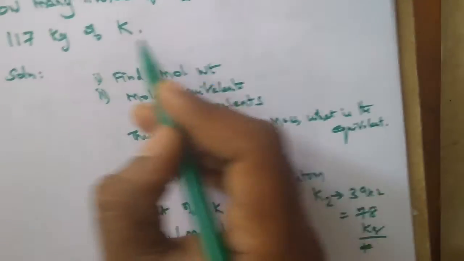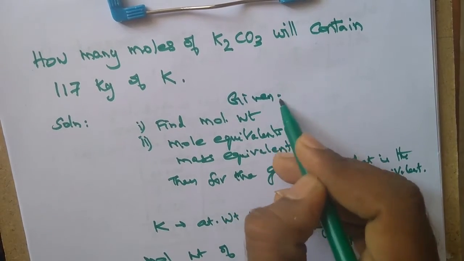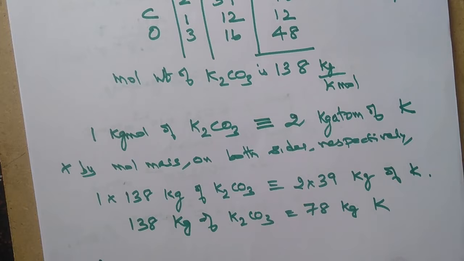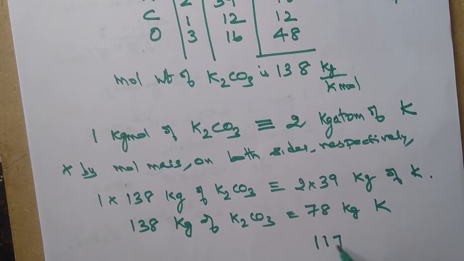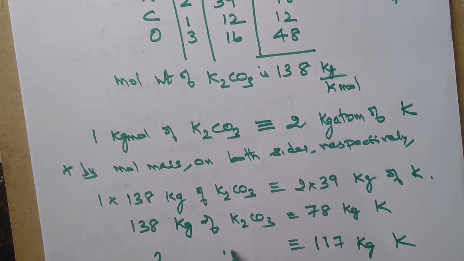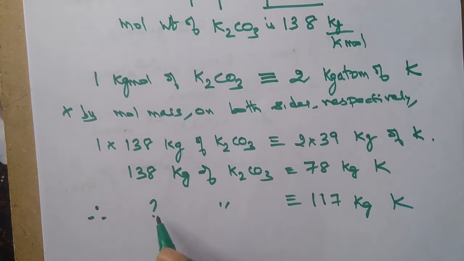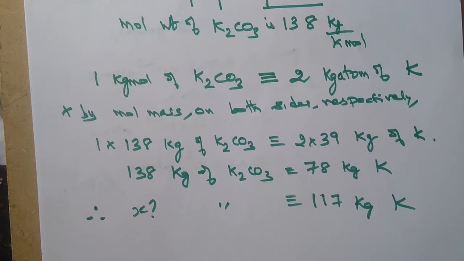Therefore, the question is: how many kg of K2CO3 will contain 117 kg of K? The right hand side value is given, 117 kg. 138 kg of K2CO3 will contain 78 kg of K. So let us say X kg of K2CO3 will contain 117 kg of K. Please determine X. X into 78 equals 117 into 138.